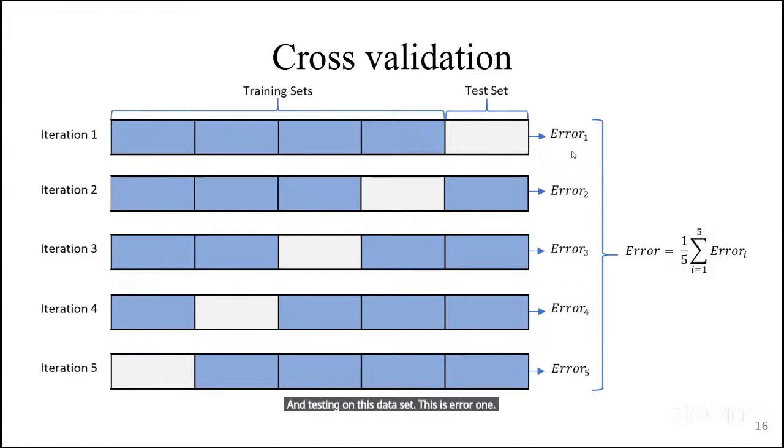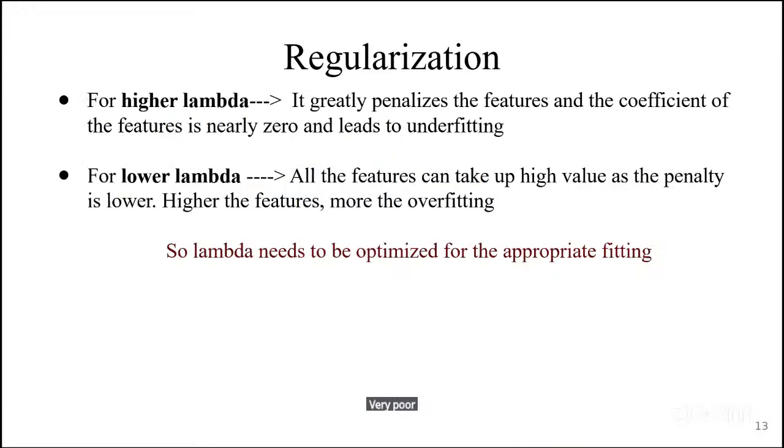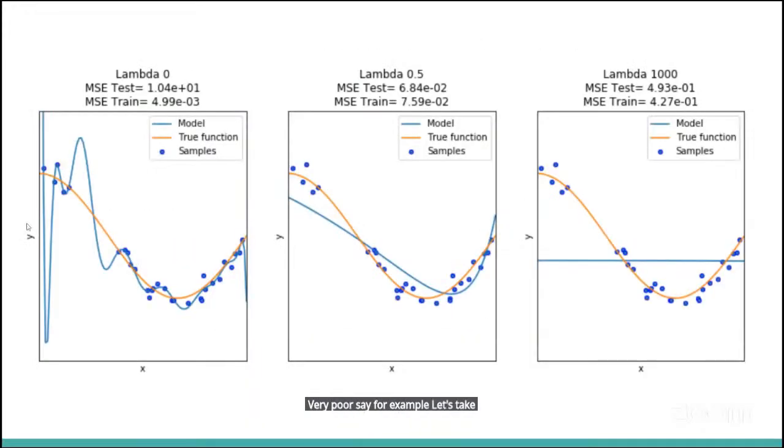But this error 1 is not sufficient because you are only testing on one data point. This one data point may not be sufficient to tell you that your model is very poor. Say, for example, let's take this example itself. You have trained on so many data points. What if the test data point is close to this dot? It will say that your test error is also close to 0.